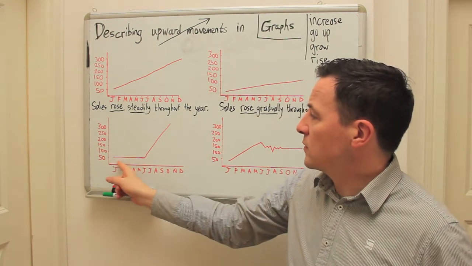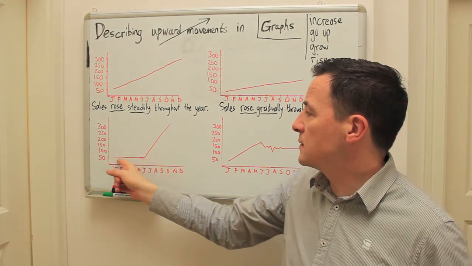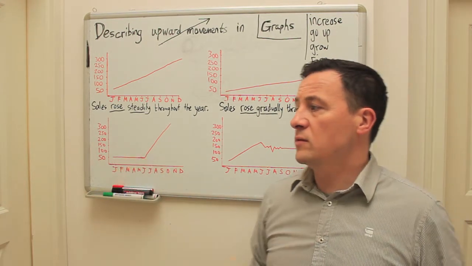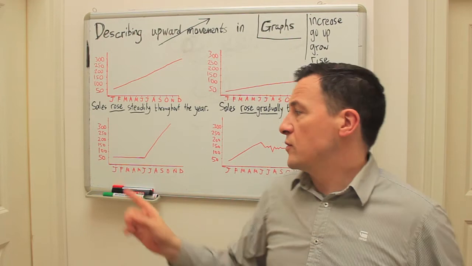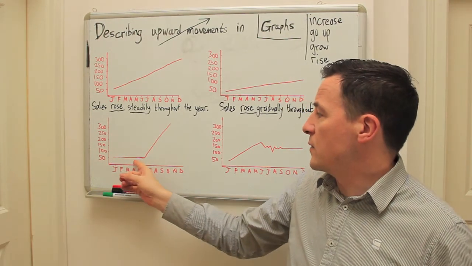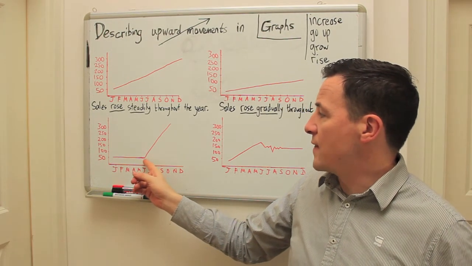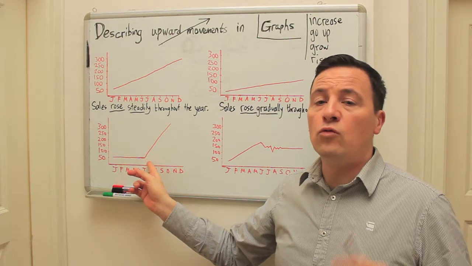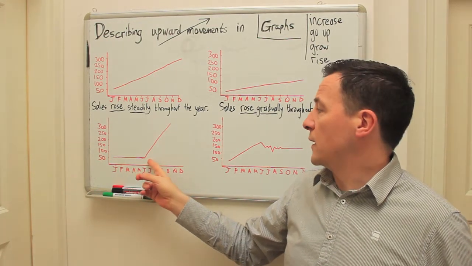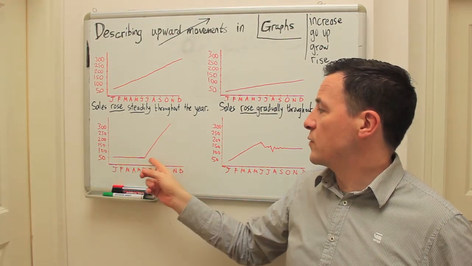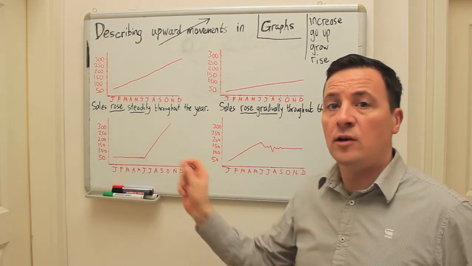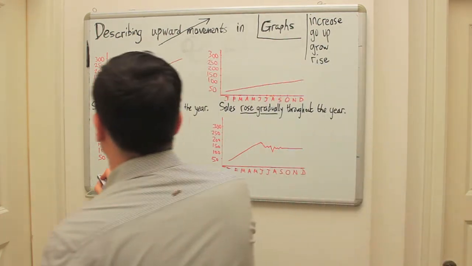So this here is remained at the same level, or remained the same. So you could say sales remained the same until June, and then they rose sharply. So this would be rose sharply. So I'll write that example here.